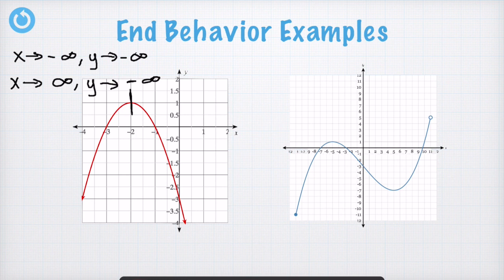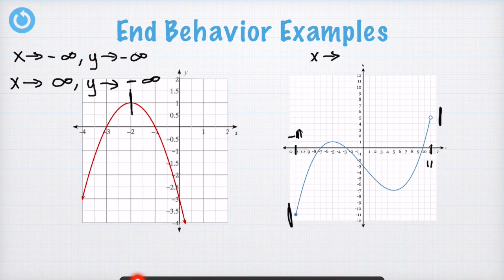Here, we're going to have some interesting things because our function doesn't go all the way to infinity. It stops, and it stops at negative 11 and at 11. So what we're going to do is say that as x goes to one of these stopping points, we're going to explain what happens. So as x goes to negative 11, what happens?